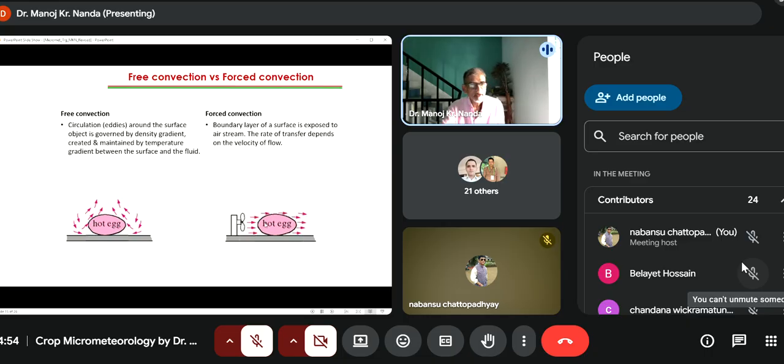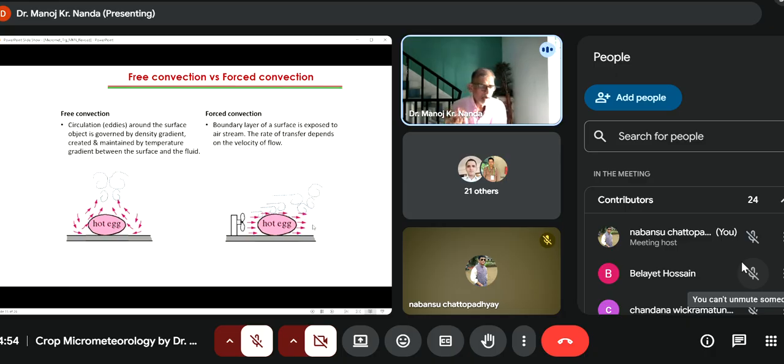But in this case, you see, there is a horizontal velocity and that causes the eddies to form. Yes, a thermal component is there because it is a hot egg, but even if it is a cold egg, the same thing will happen. So here the eddies are like this, and here the eddies are like this. This is post-convection.